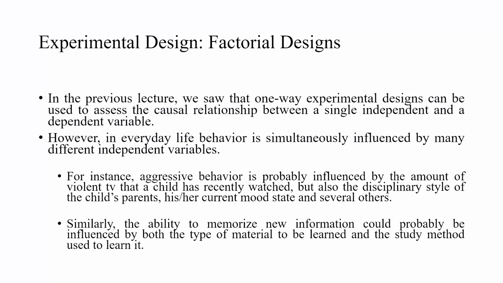Okay. Another example could be the ability to memorize new information. It could be influenced by both the type of the material, let us say easy material, difficult material, and you can operationally define easy and difficult, but it also varies with your memory capacity, or other factors, organization of material, for example.